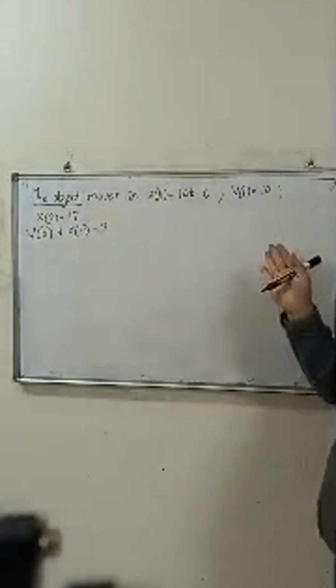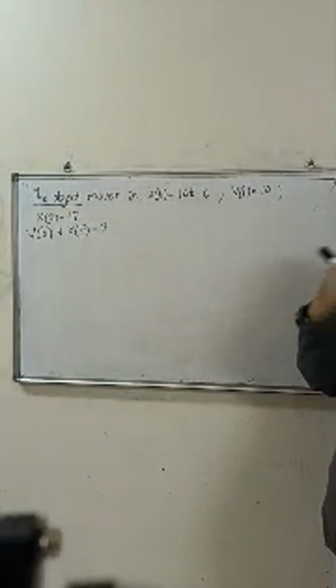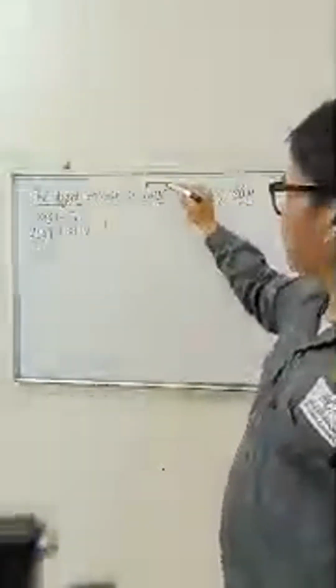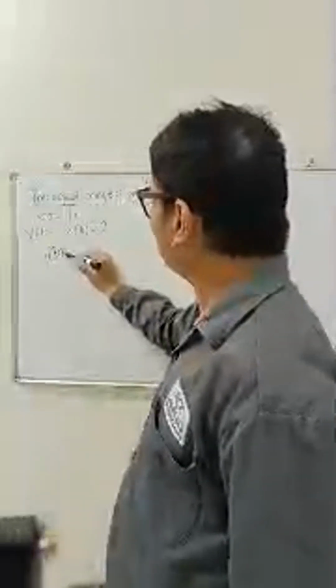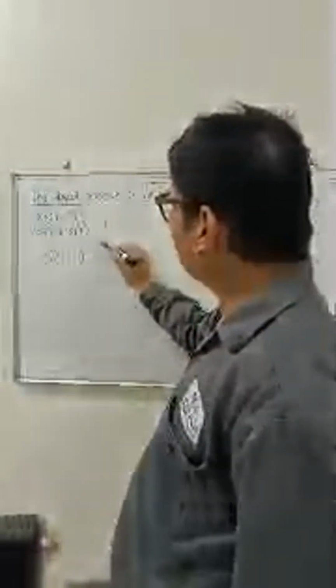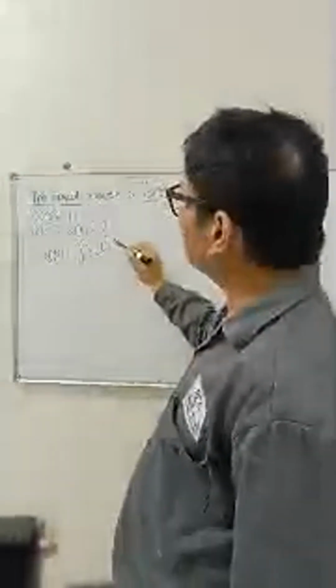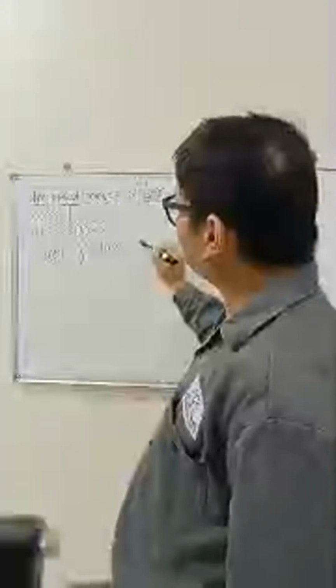By using the formulas I presented a while ago, we have the acceleration as a function of t. So we're going to say a function of t is equal to the integral of v function of t dt plus c.